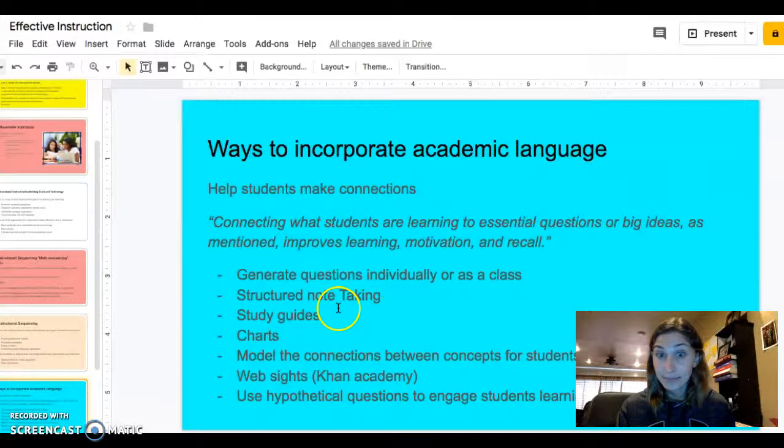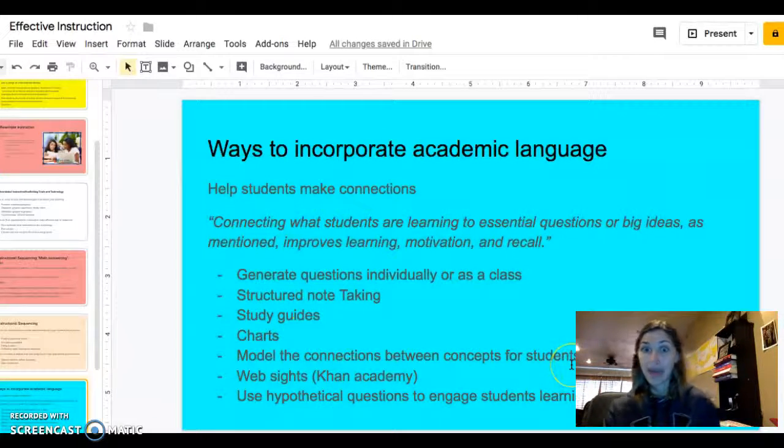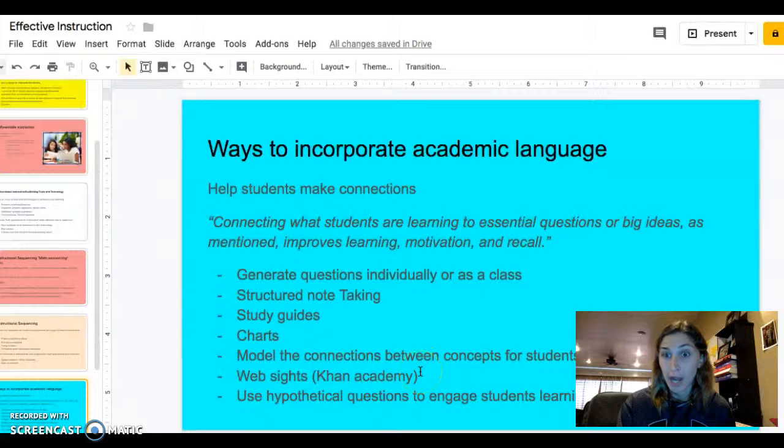Through study guides, maybe through charts. You can model connections between concepts for students, maybe how, in math, this representation connects to the graph. That gets you to use academic language and maybe new words. Websites such as Khan Academy, or using hypothetical questions to engage students in their learning.